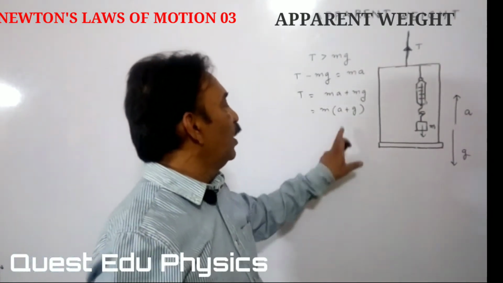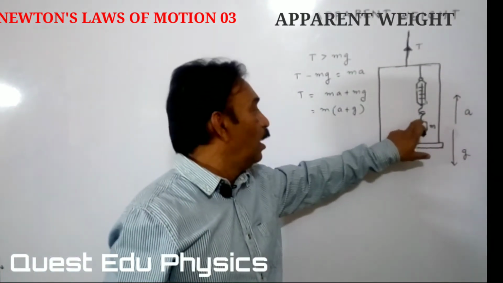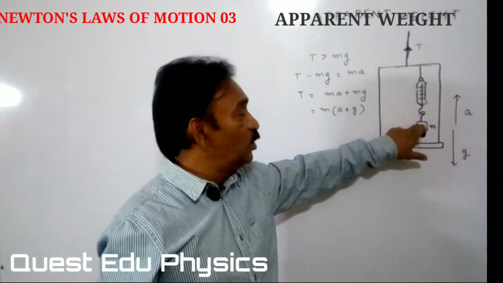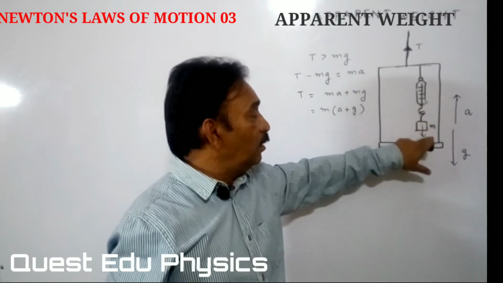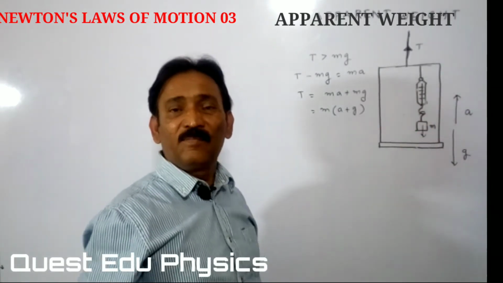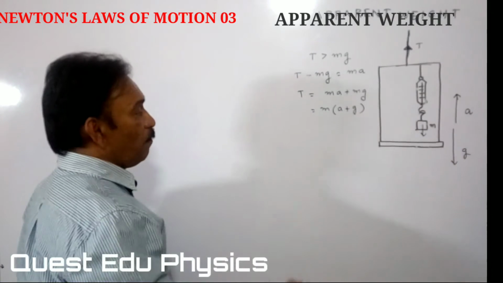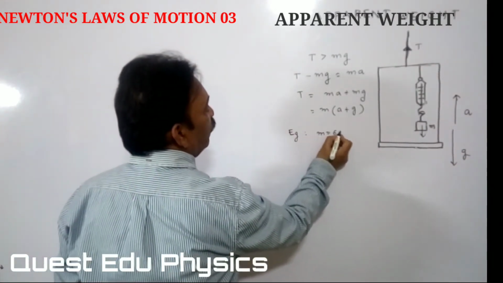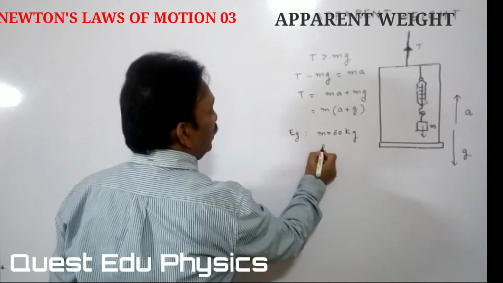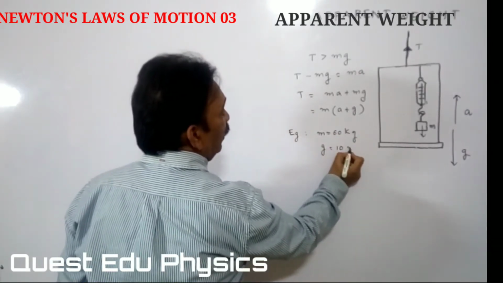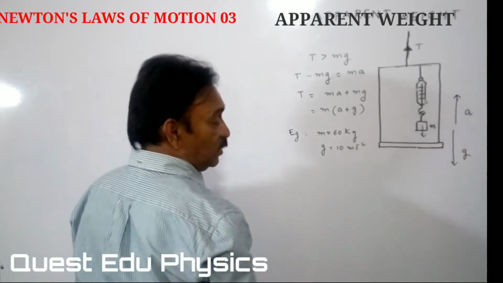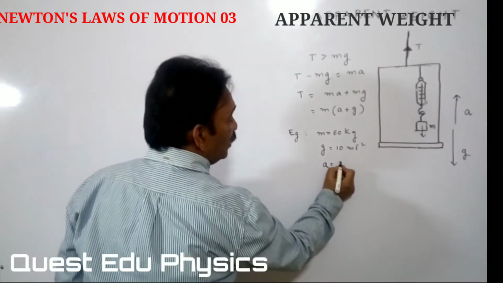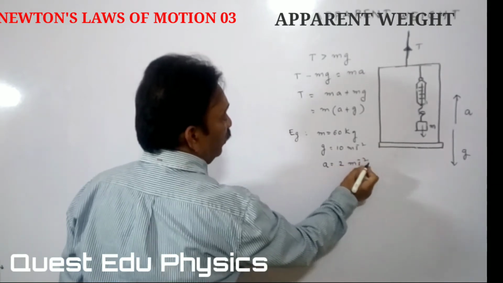Okay, students, if it was the reading of this spring balance, you will get the reading which is more when compared to the reading when it is resting. For example, say the mass of the body is 60 kg. Take g as 10 meter per second square, and it is accelerating up with an acceleration of 2 meter per second square.